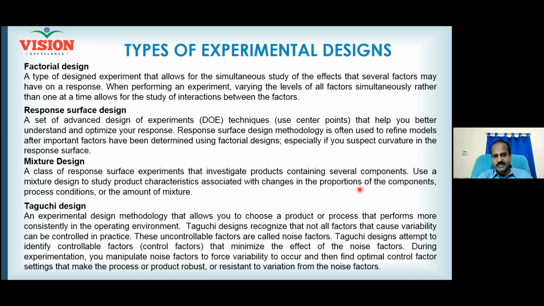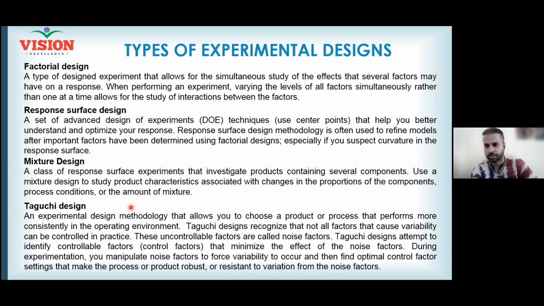In the same way, you can study the composition or proportion of the factors, different combinations of the levels of the factors, along with the process conditions or the amounts of the factors.